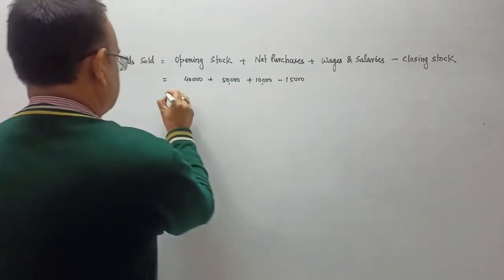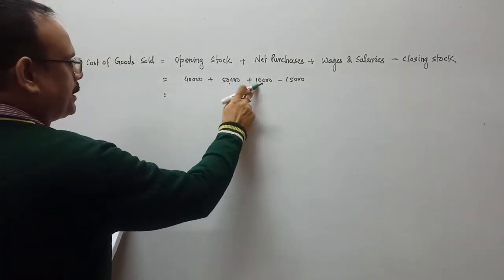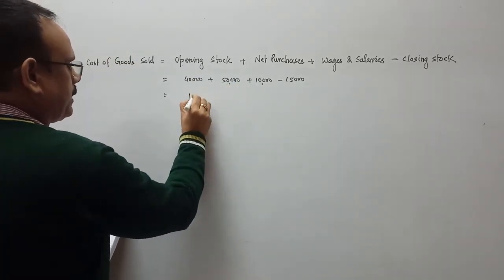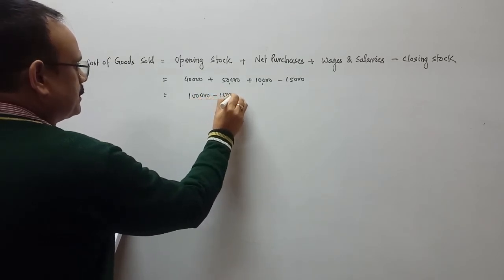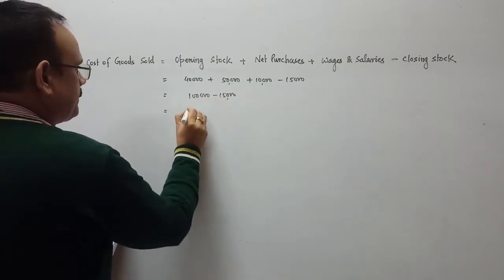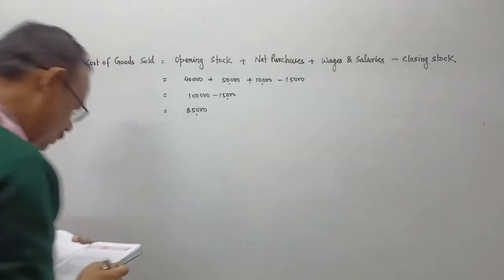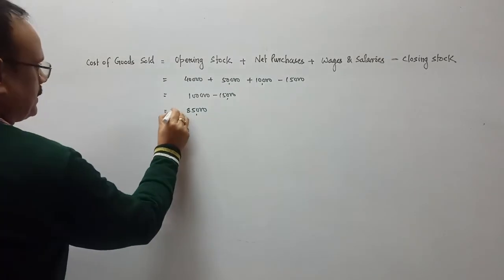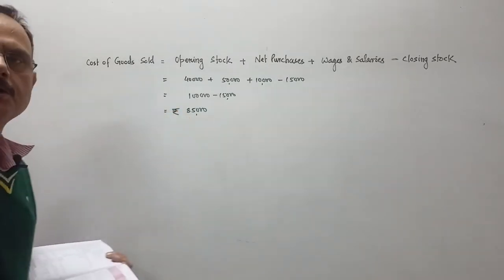So 40 plus 50, 90 plus 10, 1 lakh, minus 15,000. So your cost of goods sold is 85,000 rupees. Now come to the next question, a short question.